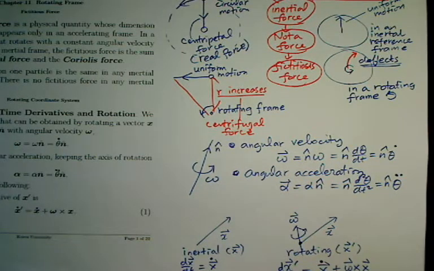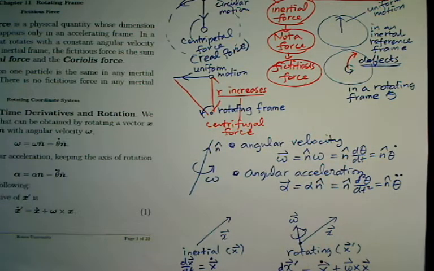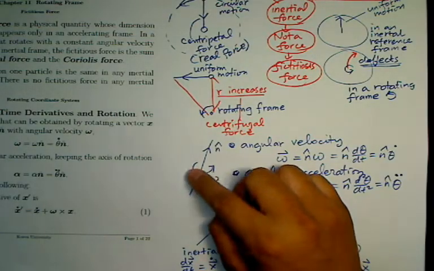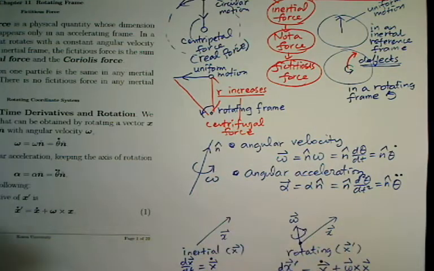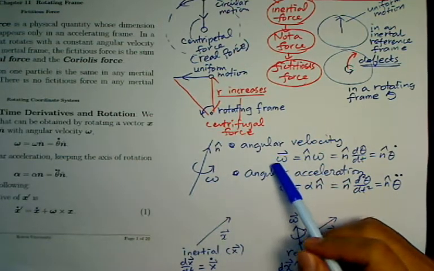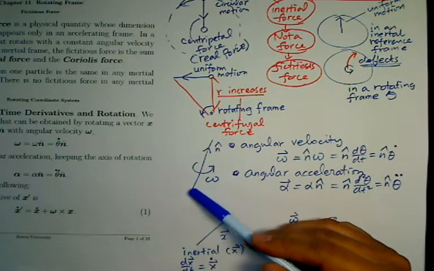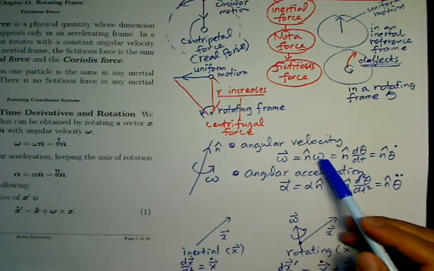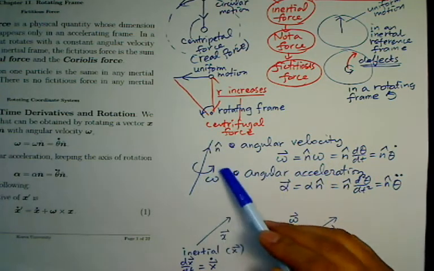First, let us consider the angular velocity and angular acceleration about a fixed axis of rotation. Omega, the angular velocity, is defined by the time rate of this angle, and the omega vector is parallel to the axis of rotation. The magnitude of the angular velocity is the time rate of this angle.